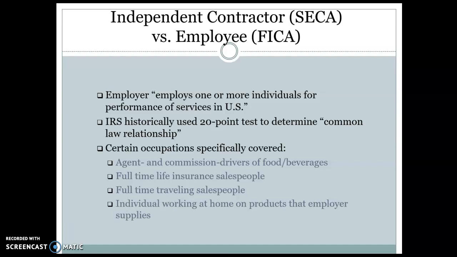There used to be a large test, but mainly what you're looking at to be in a common law relationship, where you are definitely an employee or definitely an independent contractor, self-employed, is how much control the employer has.